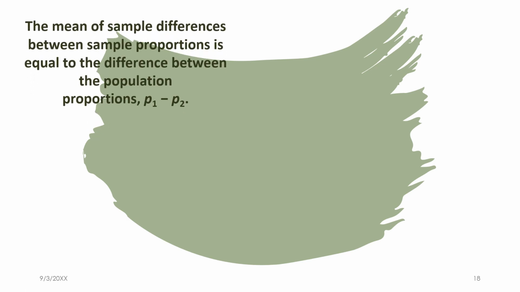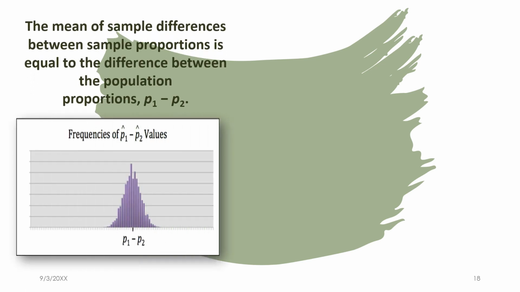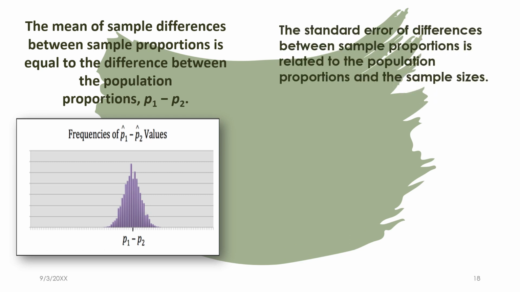The mean of the difference between sample proportions is equal to the difference between the population proportions, P1 minus P2. The standard error of the difference between the sample proportions is related to the population proportions and the sample sizes.